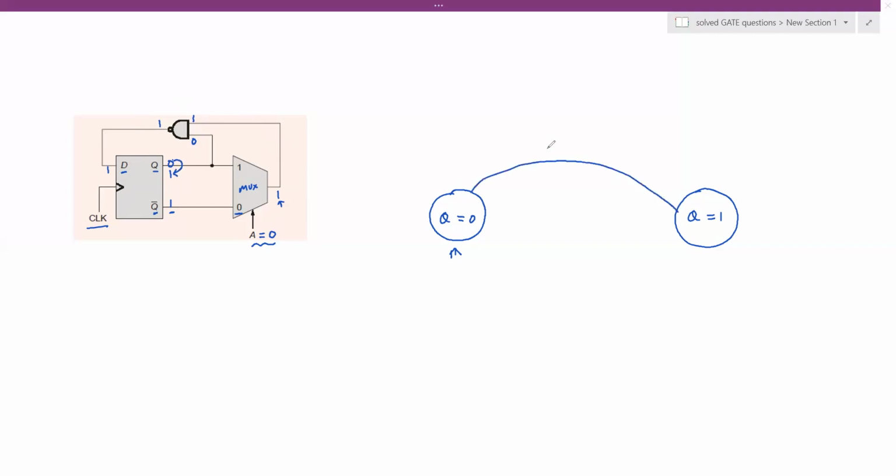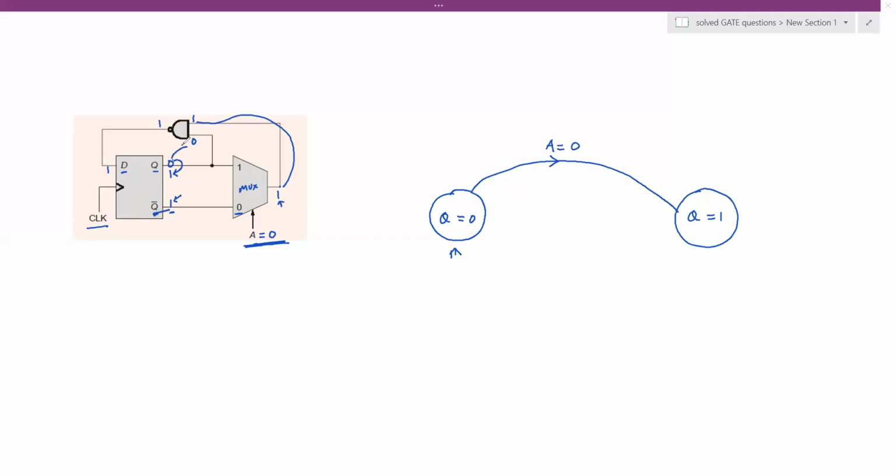From previous state of Q equal to 0, I have got the new state, that is Q equal to 1. And this happened when logic A equal to 0. I say again, logic A equal to 0, it means the data present on the Q bar, which is logic 1, gets connected to the output of the mux, which comes then to the input of the NAND.